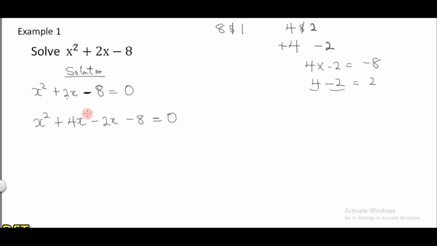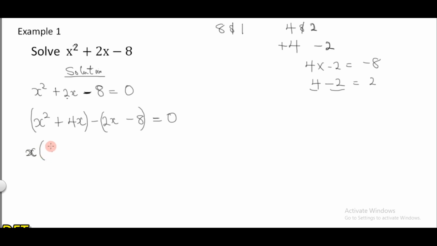The next thing I will do now is to group this quadratic equation. After grouping it, I will factorize again. What factor is common between x squared plus 4x? The common factor is x.